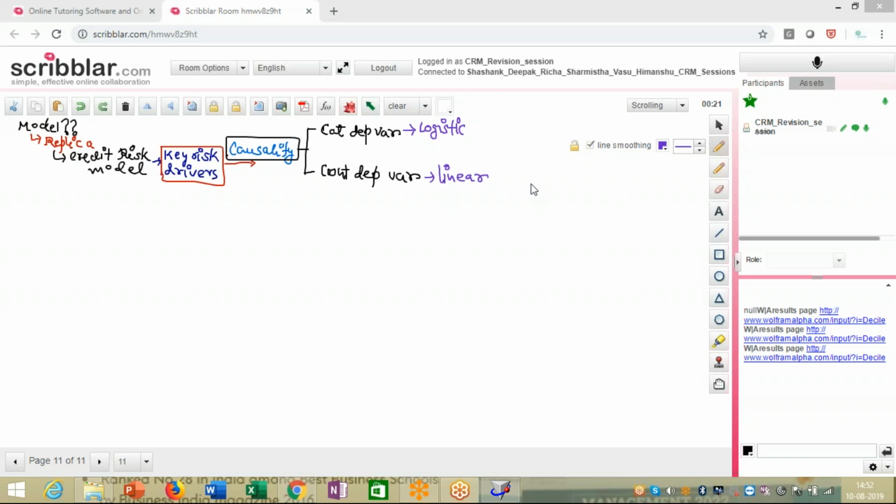Regression tells us, for a unit increase in the independent variable, how the dependent variable will increase. But correlation only tells the level of relationship between the variables. For example, age and salary are the two variables, and 0.7 is the correlation.